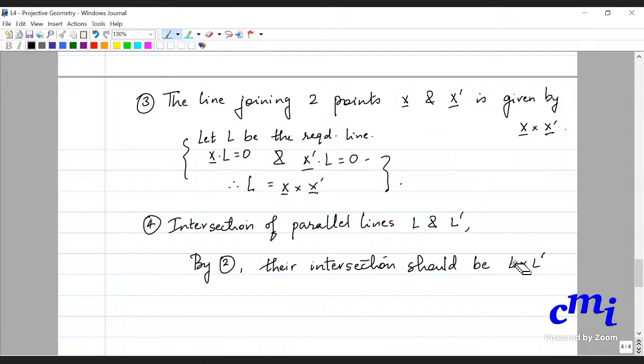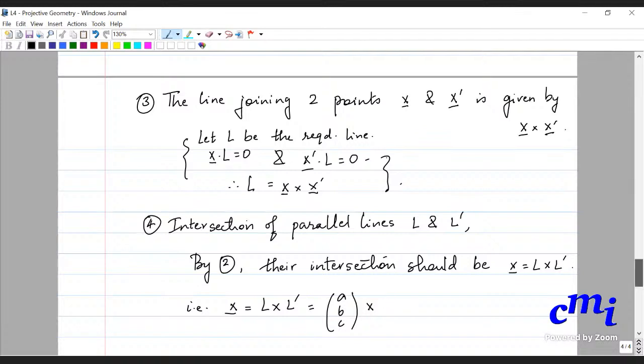This point should be X equal to L cross L prime. But what is L cross L prime? L could be some A, B, C, and L prime is some A prime, B prime, C prime, but these are parallel lines.